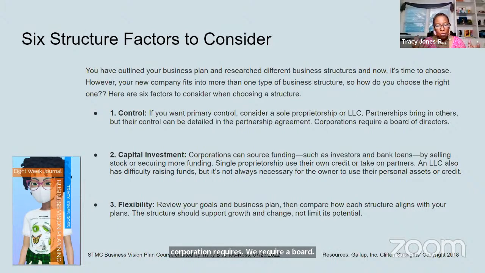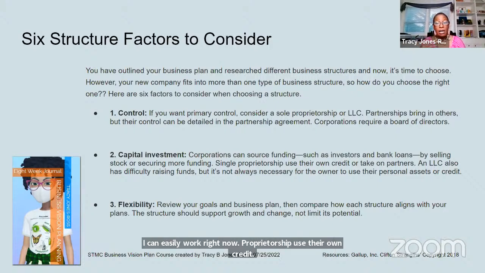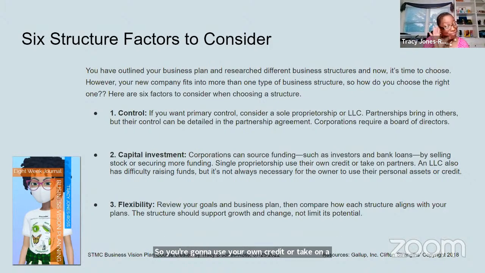Capital investment. How are you going to fund this business? A corporation can source funding such as investors and bank loans by selling stocks to secure more funding. Sole proprietors use their own credit, so you're going to use your own credit or take on a partner who has good credit.